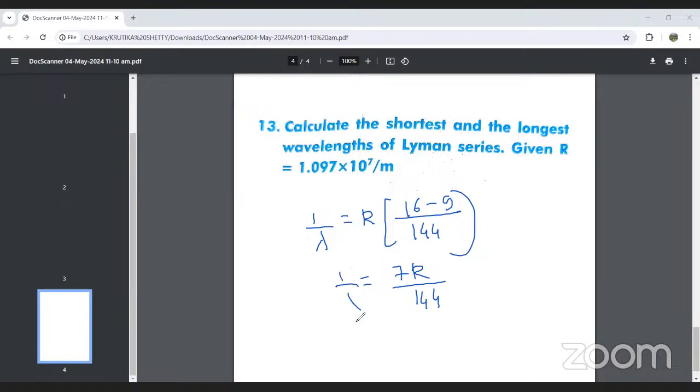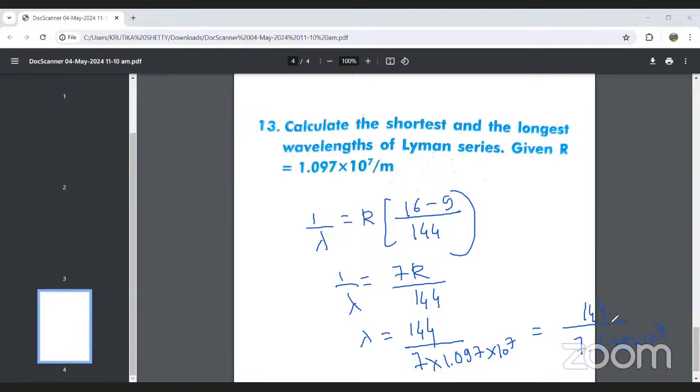This is 1 by lambda. Therefore lambda is equal to 144 divided by 7 into 1.097 into 10 to the power of 7. So 7 into 1.097 is 7.679 into 10 raised to 7. And here it is 144.